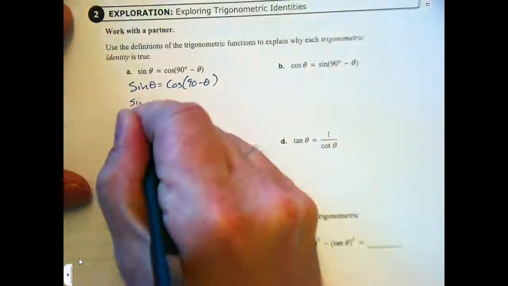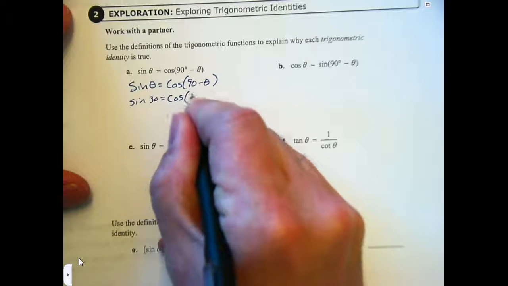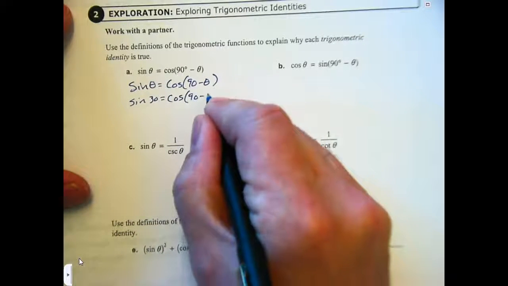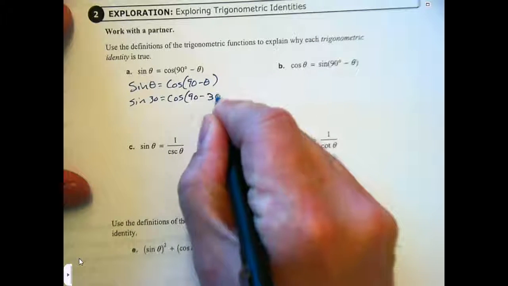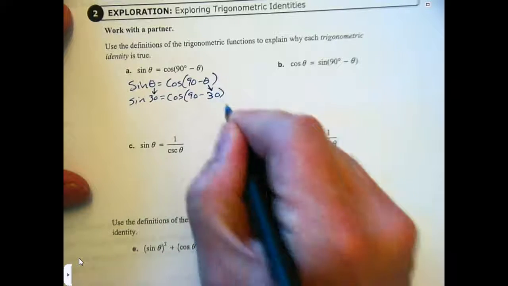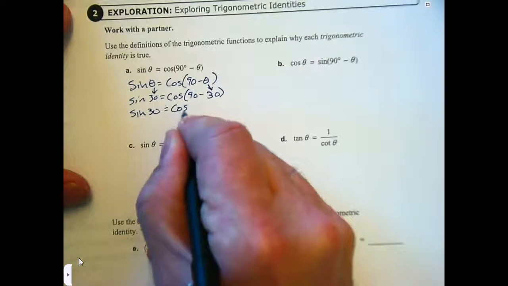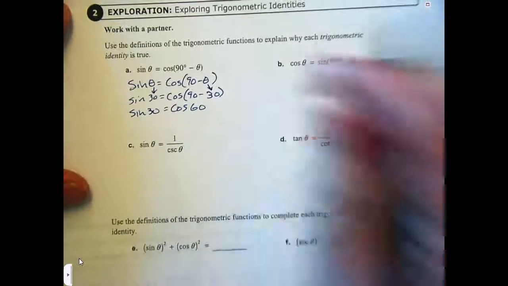Sine 30 is equal to cosine of 90 minus 30, right? We're just replacing our variable theta with that value of 30. Well, that's saying sine 30 is equal to cosine of 60.